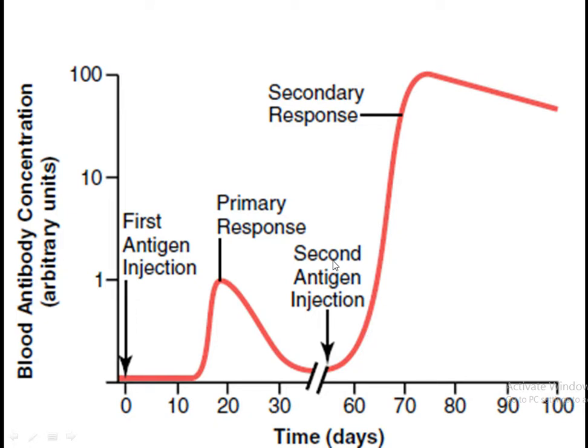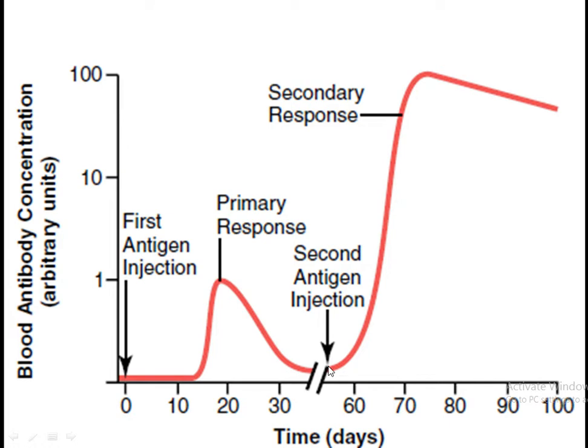So, if we ever have antigen exposure for the second time, our antibodies are there in our body, so at this time there is no delay. The response of the body is relatively immediate as compared to the primary response.